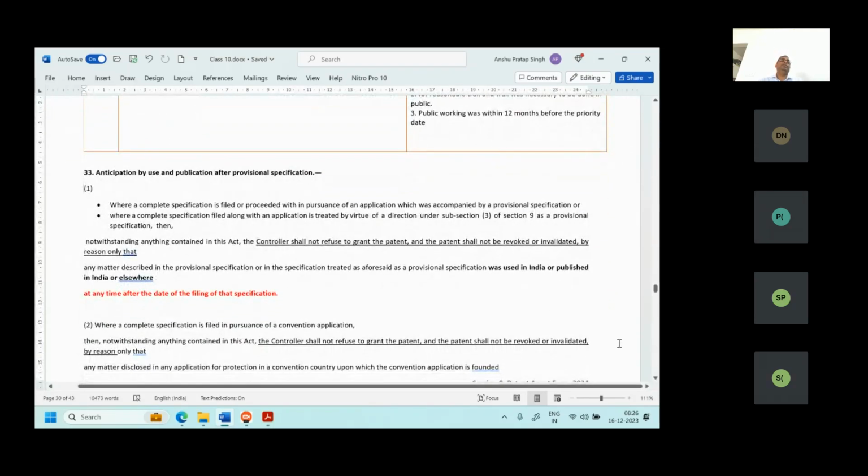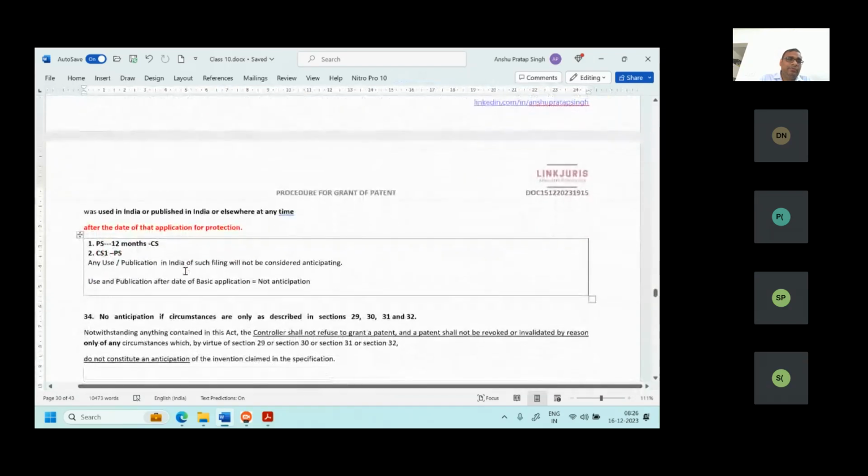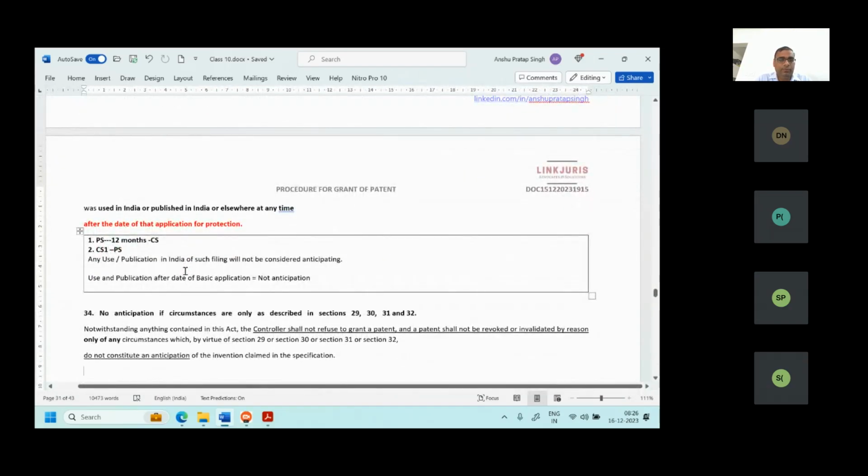Then comes 33. 33 is simple. It deals with the provisional specification and any use after that. Okay. So there are 1 and 2 parts. These are very simple. 1 talks about this: suppose a provisional specification was filed, and within 12 months your CS was to be filed, and after this PS, you have published something.